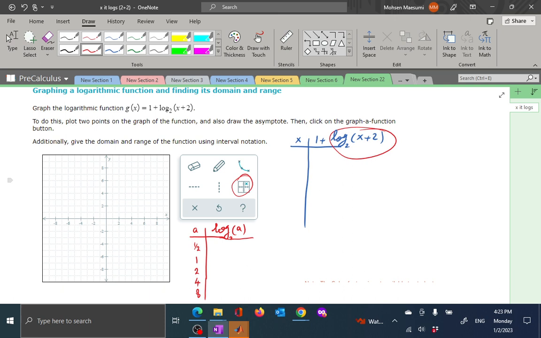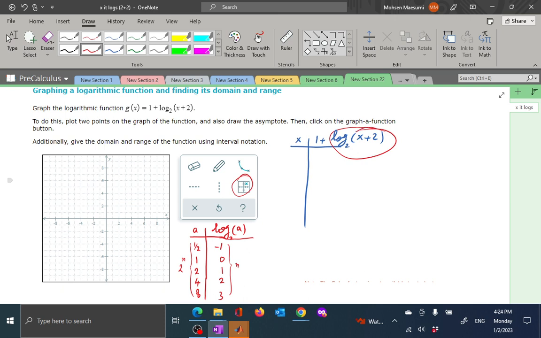Logarithm of 1 is easy. Logarithm of 2 in base 2 is 1. Logarithm of 4 in base 2, 2. Logarithm of 8 in base 2, 3. Logarithm of 1/2 in base 2 is going to be minus 1. So these are numbers that are of the form 2 to the power of some number n, and outcome here is just n itself.